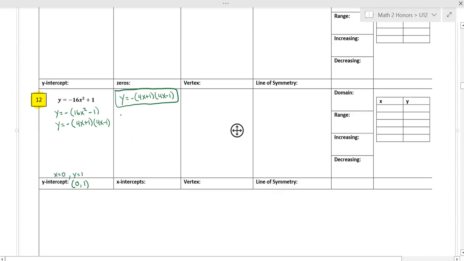We can find the x-intercepts by setting y equal to 0 and solving. When it's factored and equal to 0, you just take your factors that have the variable you're looking for, set them equal to 0, and solve.